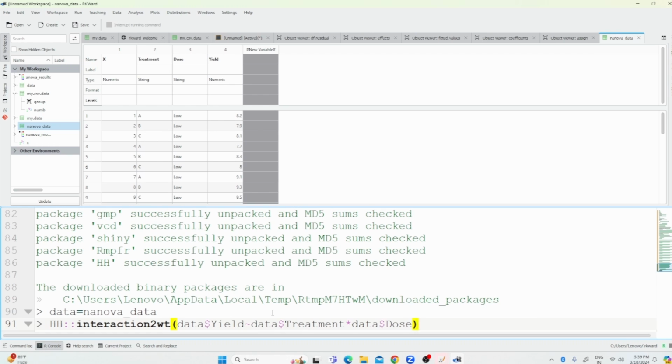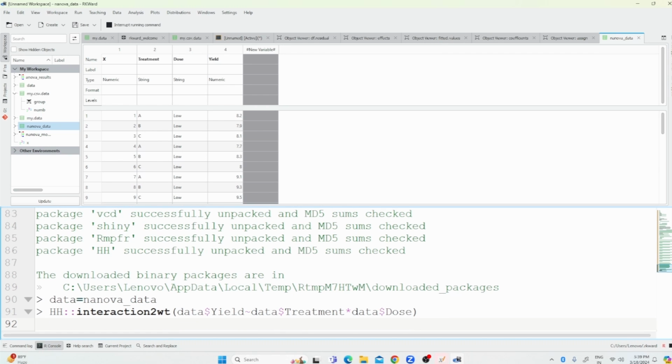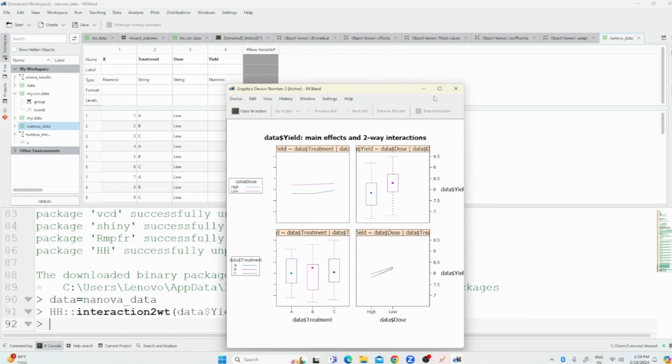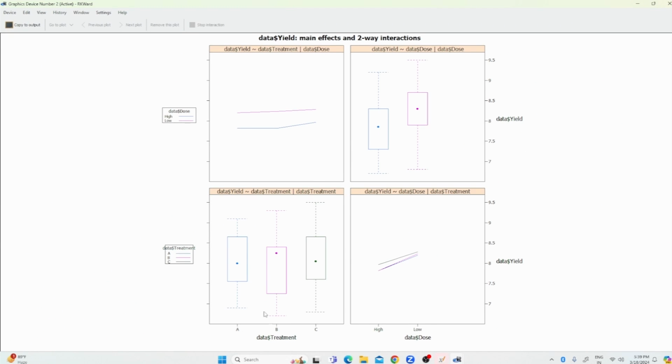So, hope it works. Yeah. So, see, this is what I was talking about. Please see what is happening. There are 2 levels of dosage, 3 levels of treatments. Agreed?